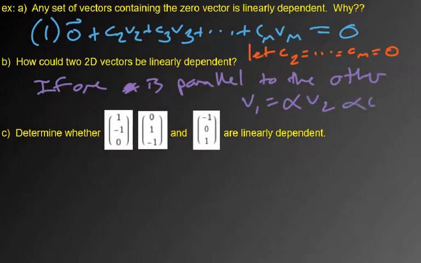Basically, alpha is something in the reals here. But you just need one to be a multiple of the other, and then you're going to have those vectors be linearly dependent.